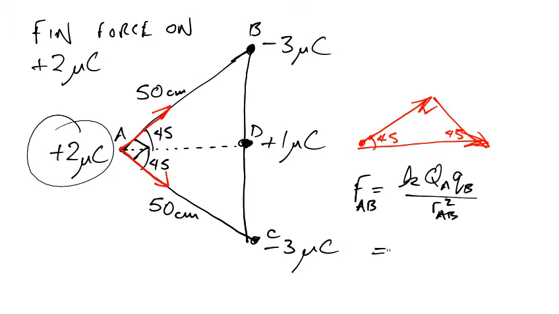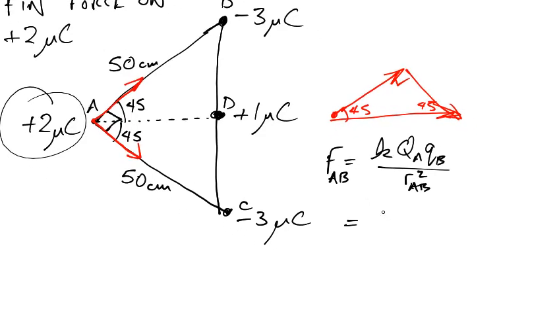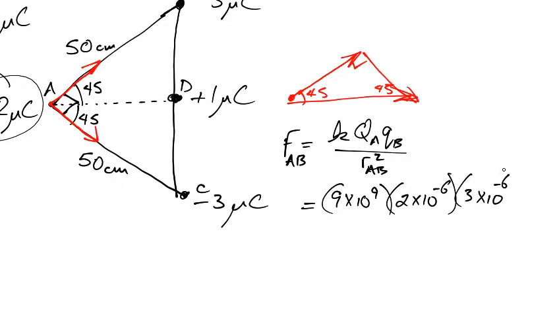Now that's going to equal 9 times 10 to the power of 9. That's the constant K. I'm just going to leave off the units for now to keep things simpler. And QA being 2 times 10 to the power of -6 coulombs, and QB being 3 times 10 to the power of -6, divided by a distance of 0.5 meters squared.